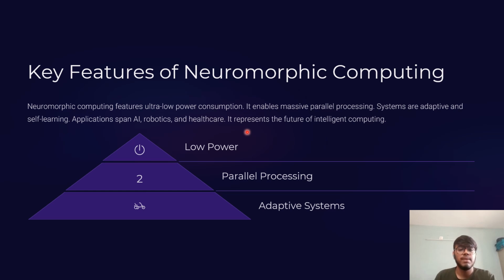Second, massive parallel processing, just like the human brain, where multiple neurons work together at the same time. And lastly, they have an adaptive system, a model inspired by how the brain learns, like STDP. These features make neuromorphic systems highly suitable for AI, robotics, and real-time activities.